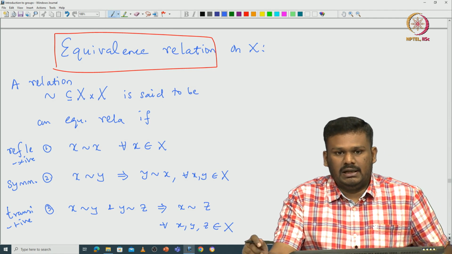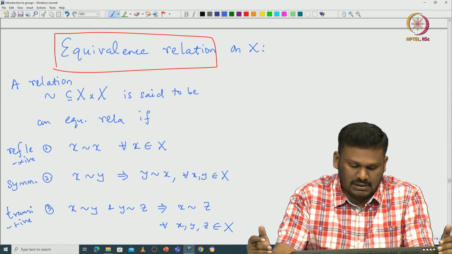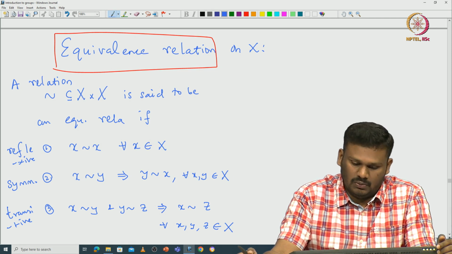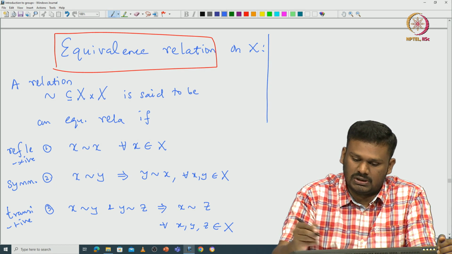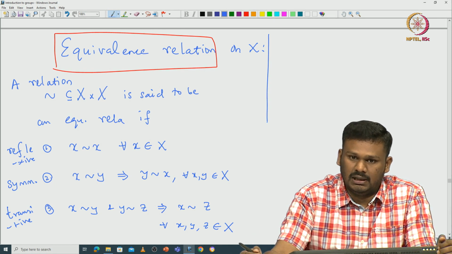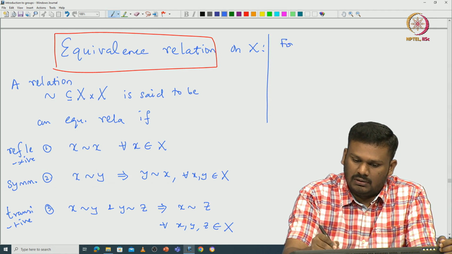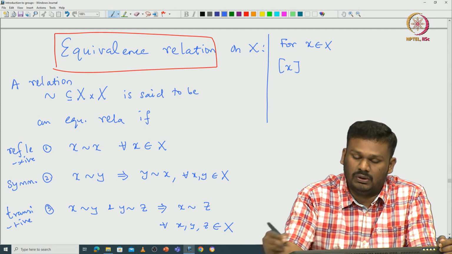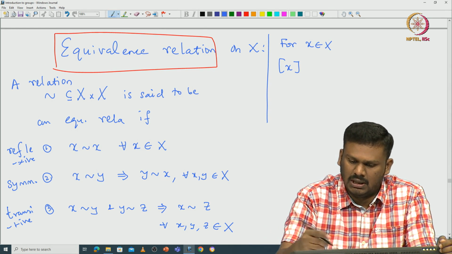So, basically an equivalence relation is a relation on capital X that satisfies these three properties. Once we have this equivalence relation, one can immediately define what is called the equivalence class of each element of capital X. For x in X, the equivalence class is usually denoted by bracket x. There are many notations used in the literature, but let us stick with bracket x.